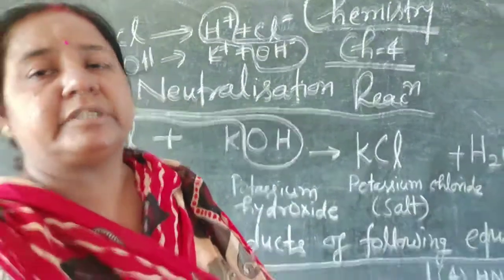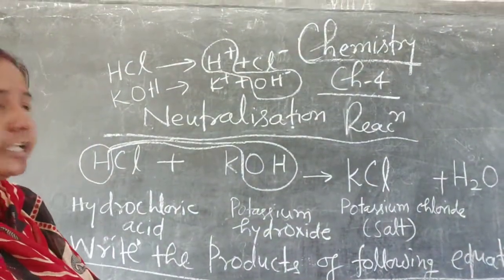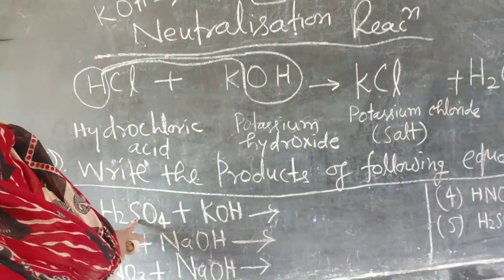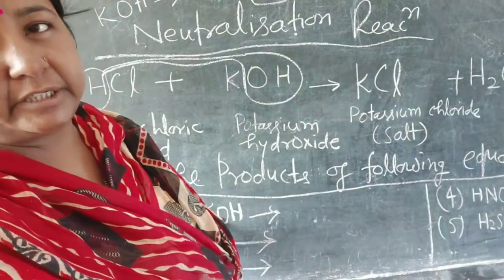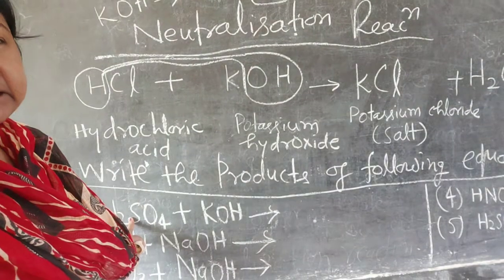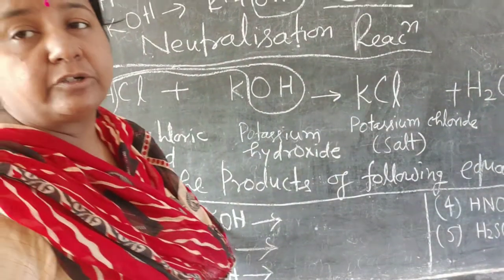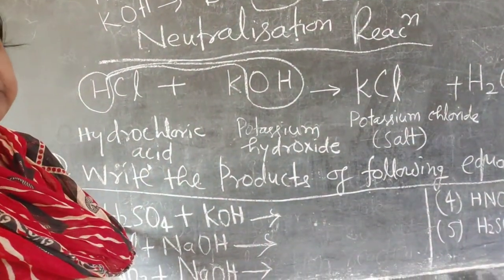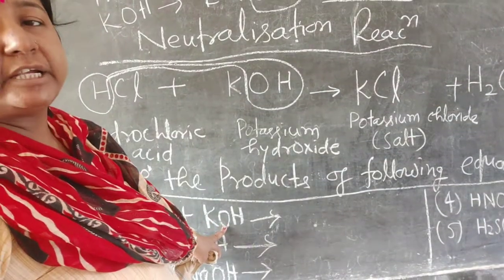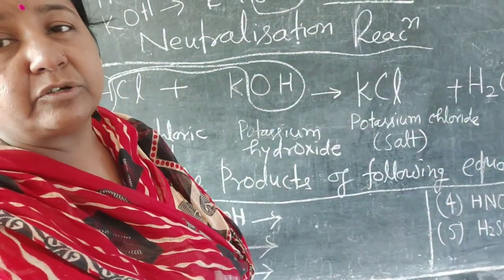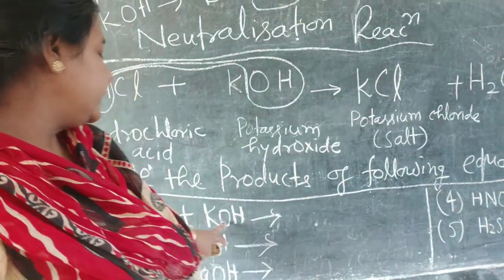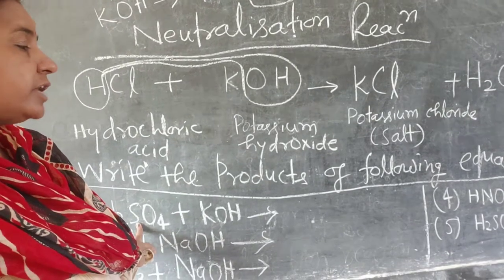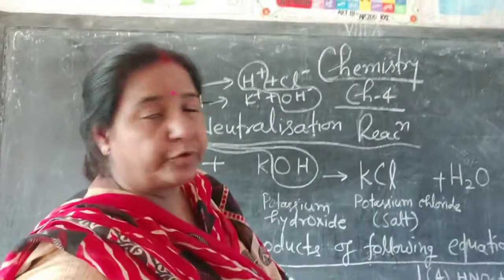Now this type of reaction we see here, that H2SO4. Now you have to find the product, that is sulfuric acid and potassium hydroxide. Sulfuric acid, you know that this is the acid which reacts with potassium hydroxide. Then what is formed? Now hydrogen ion of sulfuric acid reacts with hydroxide of potassium hydroxide to form water, and remaining substances, that potassium and sulfate, react to form potassium sulfate, K2SO4.